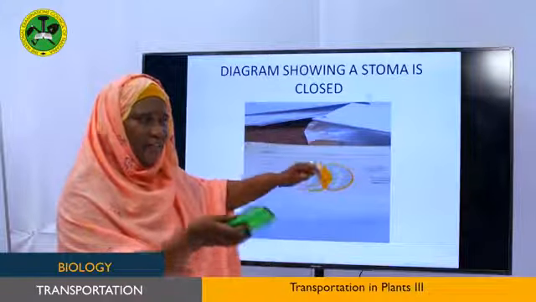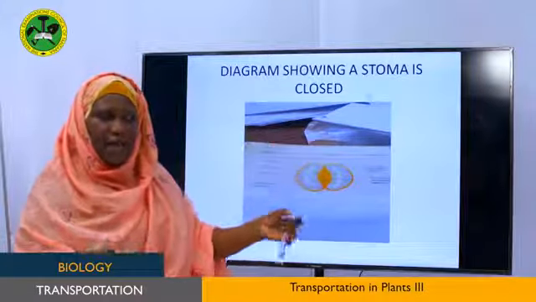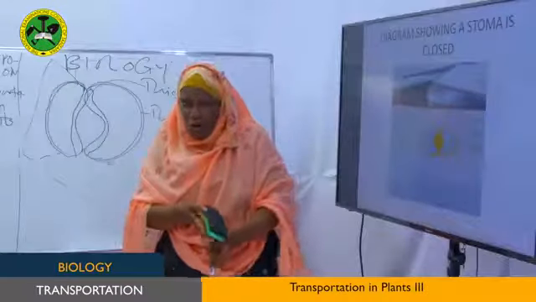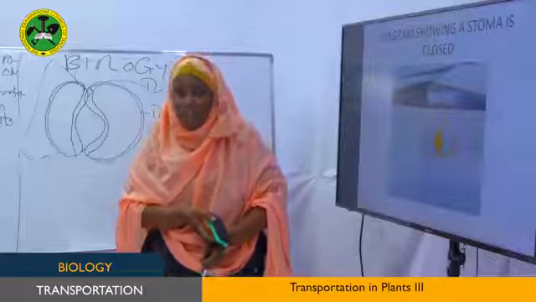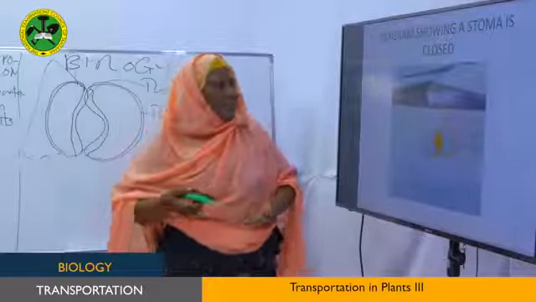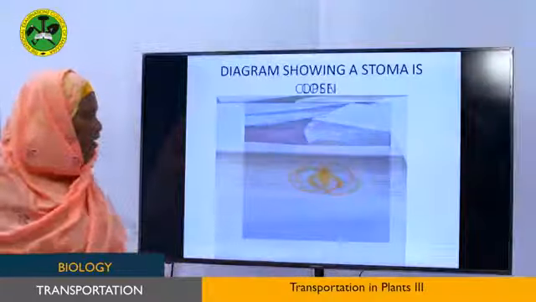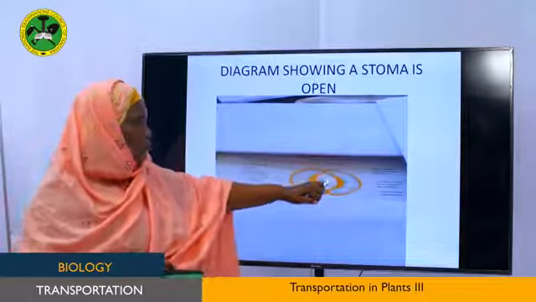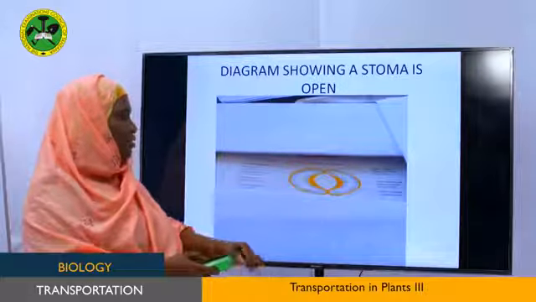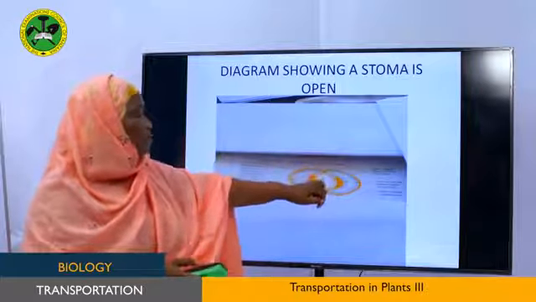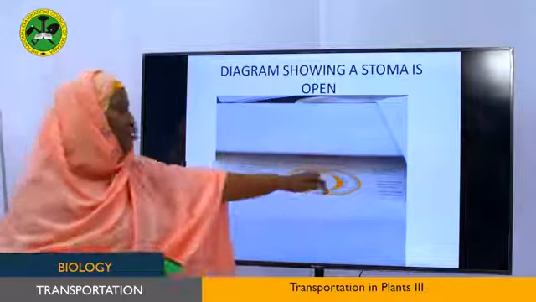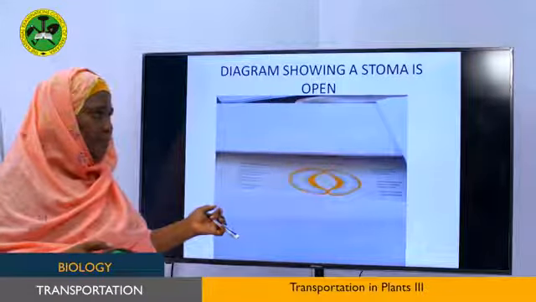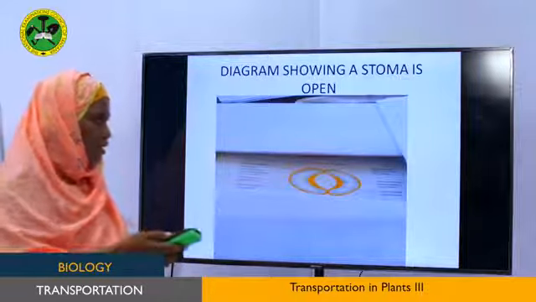Mind you that the stoma should open to allow entry of gases, and also should close to prevent water loss. And when it opens, it looks like that diagram. You see it, at the middle here, the space is open. That is the stoma. The stoma is open. I think you have understood.